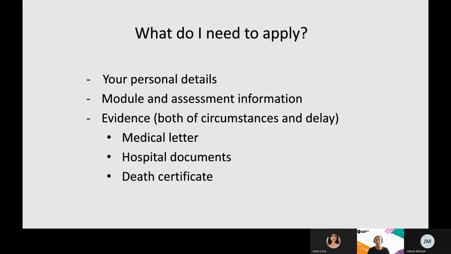And the further away from the extenuation deadline you are, the more difficult it is to provide a late extenuation appeal without some type of evidence of why you're submitting late. If you don't have evidence, of course, still submit your appeal, but it may be difficult to get your appeal accepted without providing evidence.